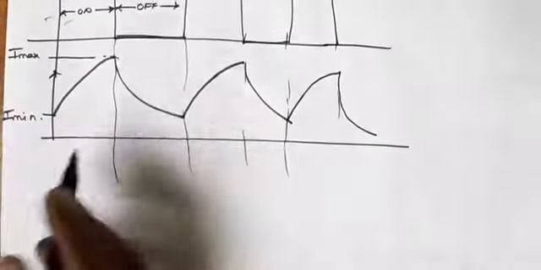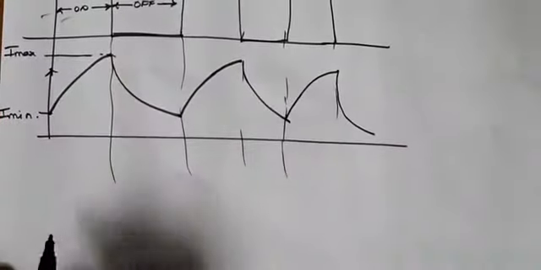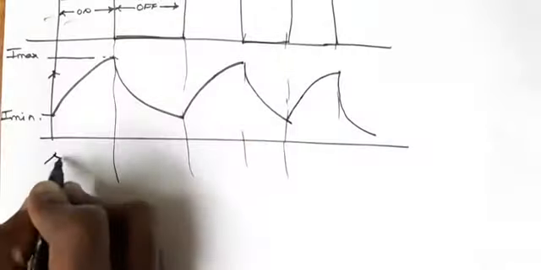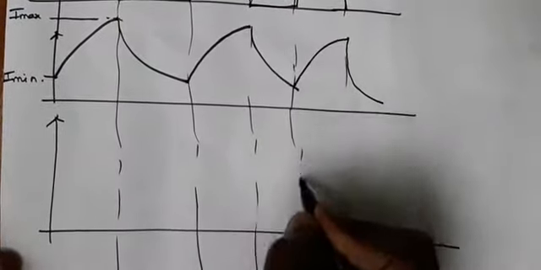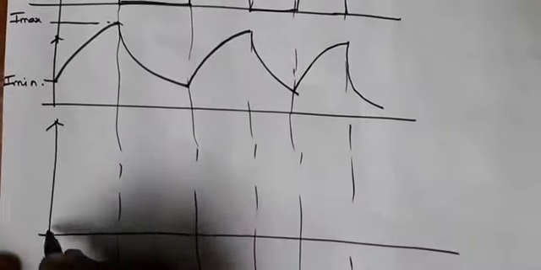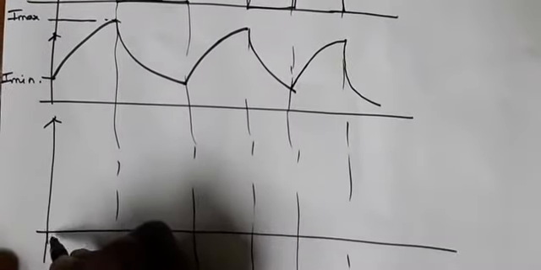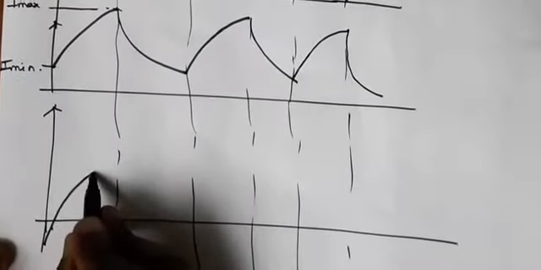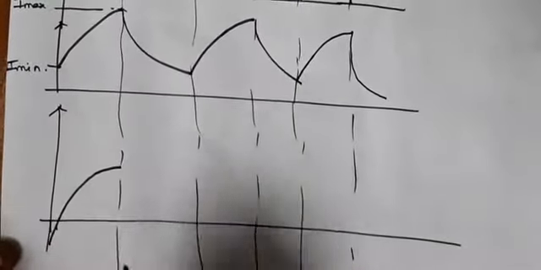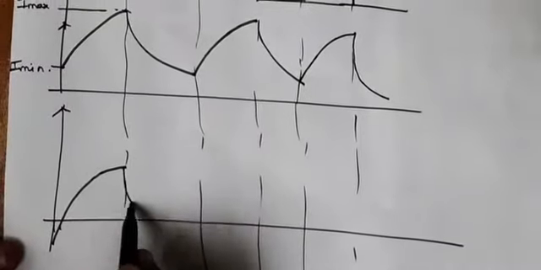However, if you assume that the current is discontinuous, then this load current is going to be as follows. It begins from somewhere here, and during on it will increase up to a point, and then decrease.